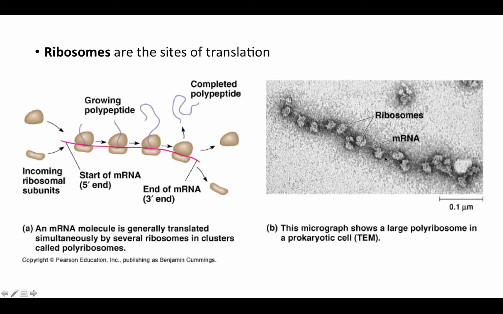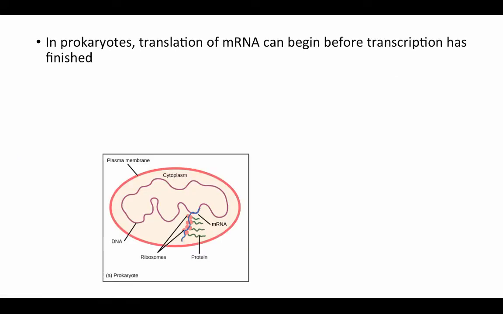And here is a micrograph showing one of these polyribosomes attached to an mRNA strand. In prokaryotes, because there's not that separation of these processes of transcription and translation, translation of mRNA can begin before transcription has even finished. So here we have a prokaryotic cell.